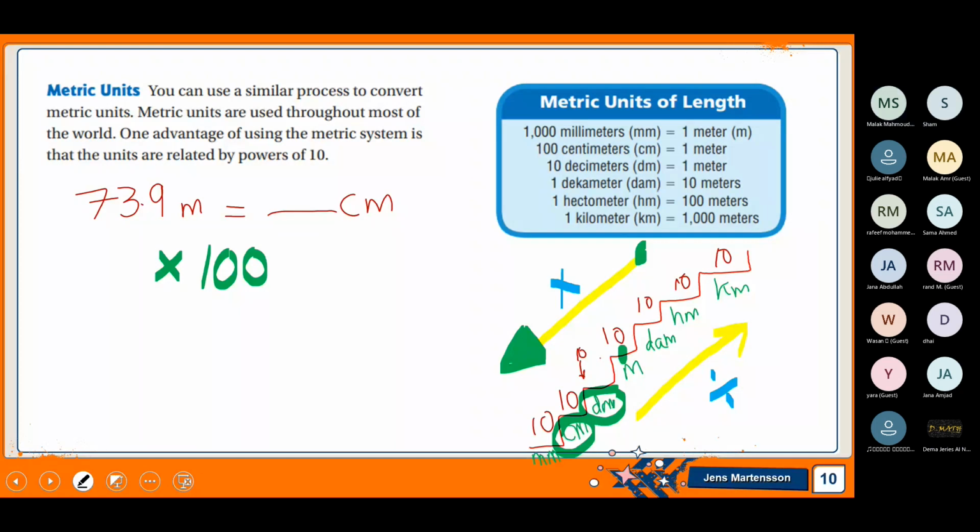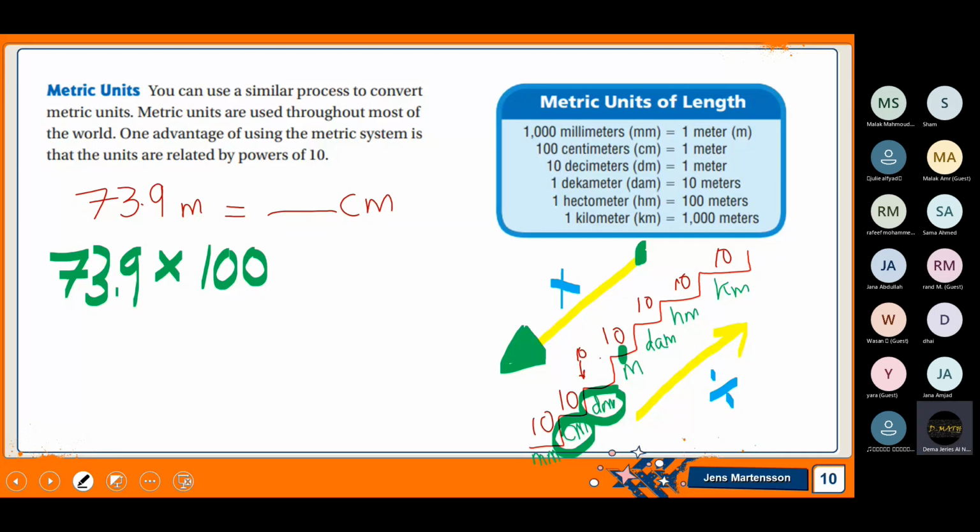Yeah. Now then, you will multiply 73.9 times 100. As we know before, when you want to multiply, you have to go to the right. But if you want to divide, you have to go to the left. Now, I want to multiply, so I have to go to the right.